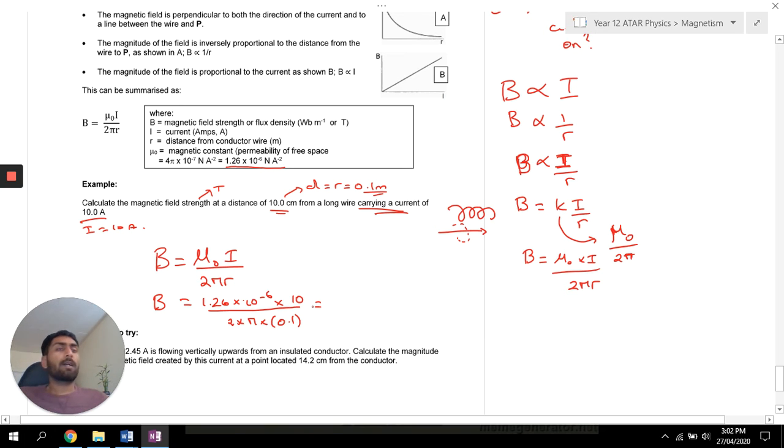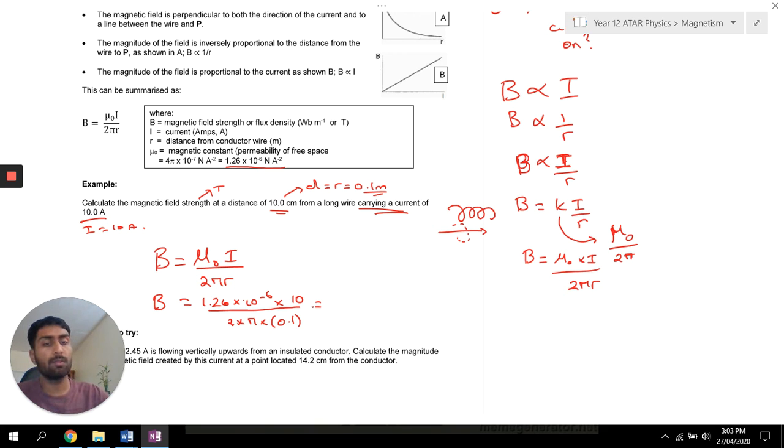I'm just going to grab my calculator. So it turns out to be 1.26 times 10 to the minus 6 times 10, divided by 2 times pi, divided by 0.1.